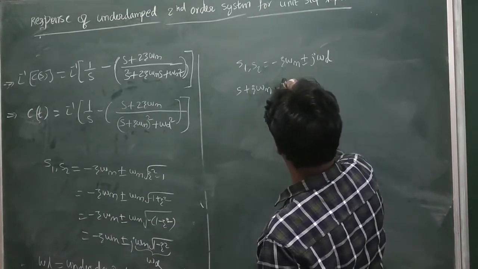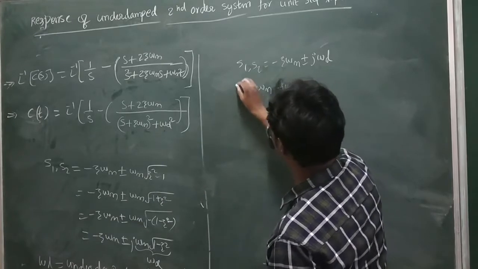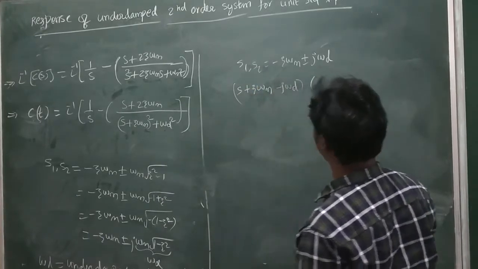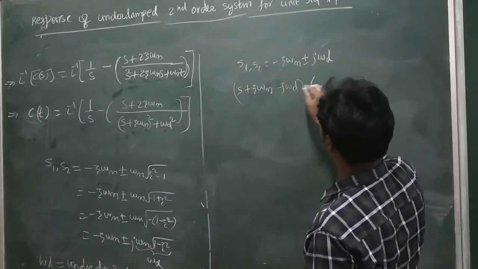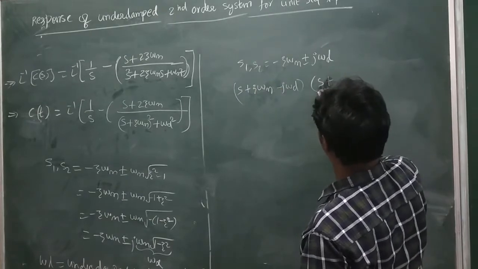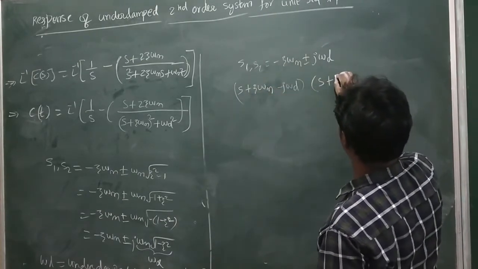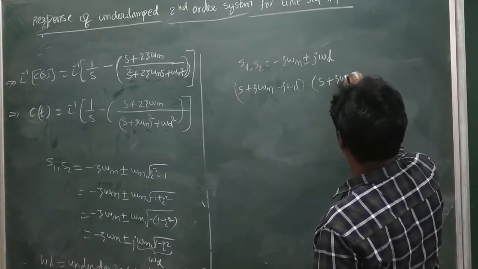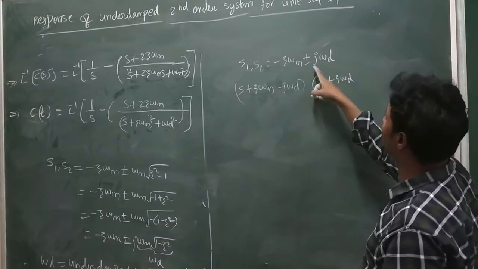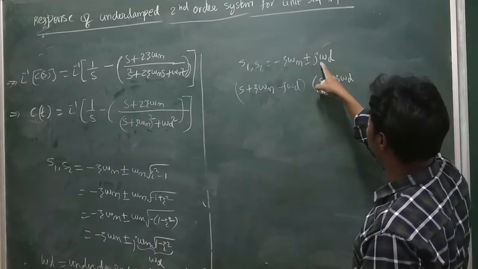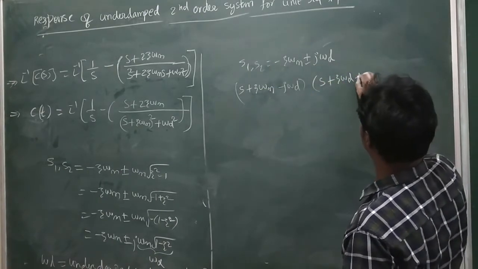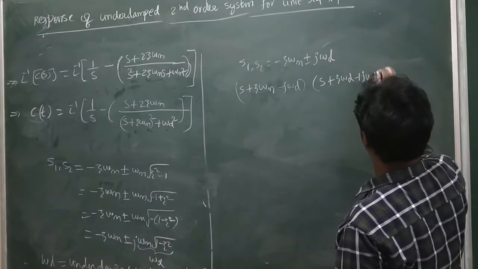This is one root, and another root is s plus zeta omega n plus j omega d. So when you take this, minus j omega d becomes plus j omega d.